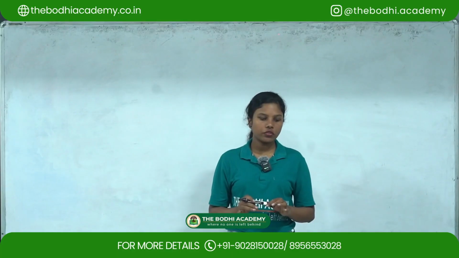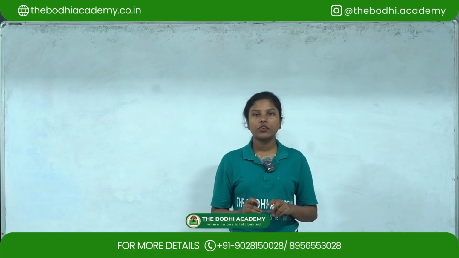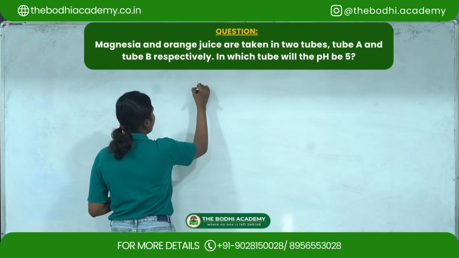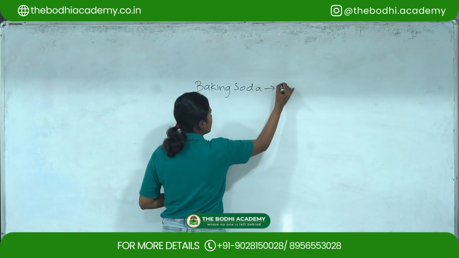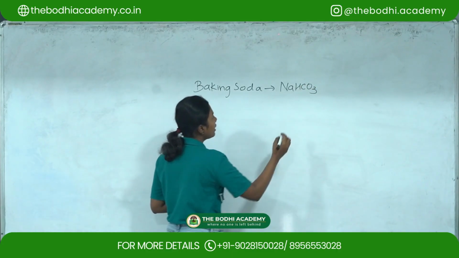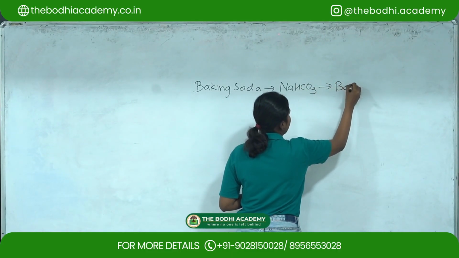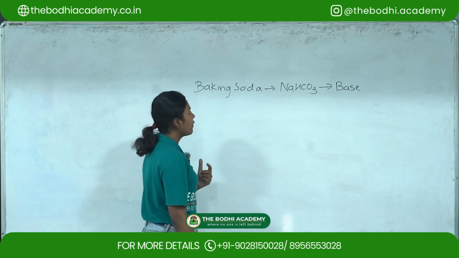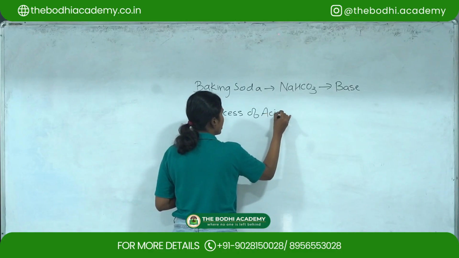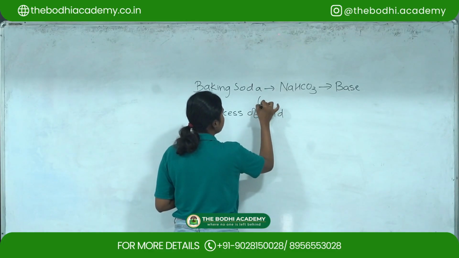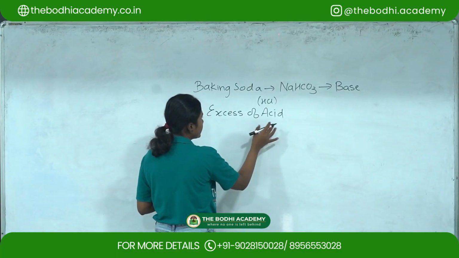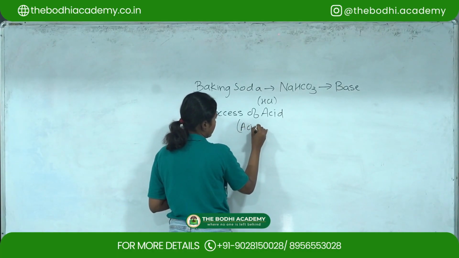Moving to the sixth question, we have two give-reasons questions. The first one is that baking soda is used as an antacid. We already know baking soda is NaHCO3, that is sodium bicarbonate, and we know that this is a base. It is basic in nature. Whenever there is excess of acid in our stomach, and the acid is HCl, that is the acid present in the stomach, we call it acidity.